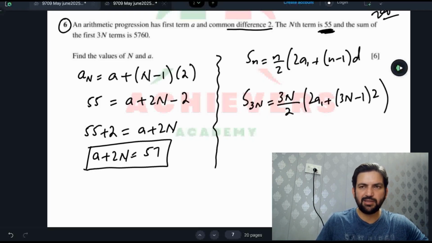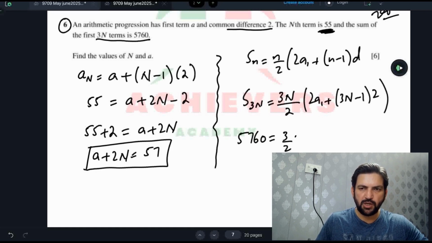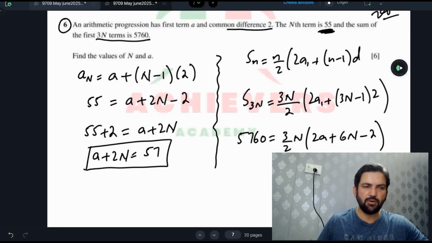Now they are saying that the sum of the first three n terms is 5760, so I can replace this with 5760 is equals to 3n by 2 into 2a plus 6n minus 2. Now if we multiply it over here, 2 is in the division mode, so just replace it over here.